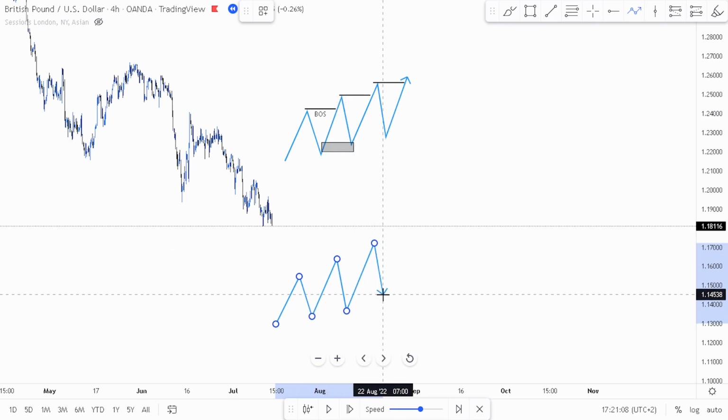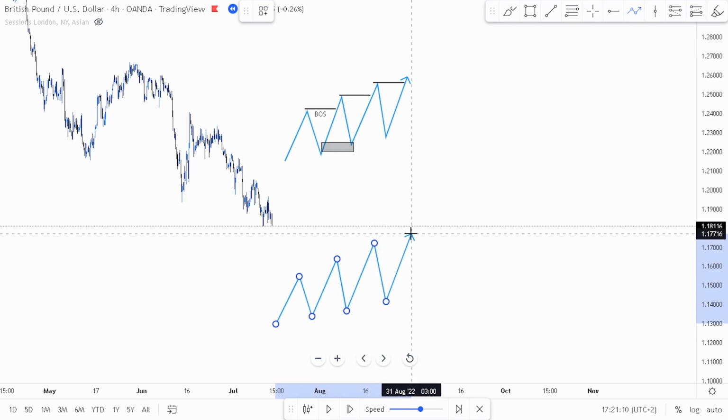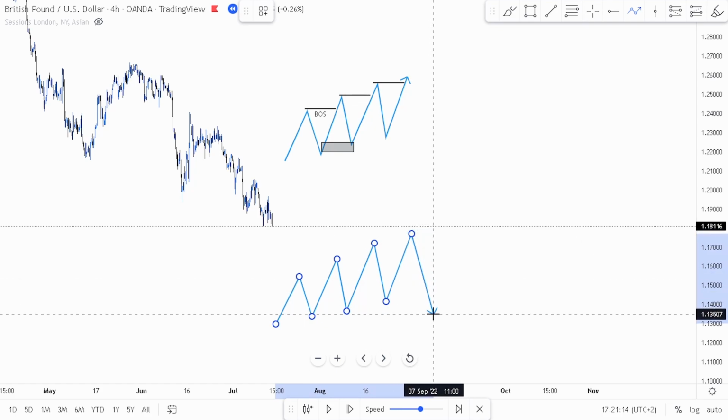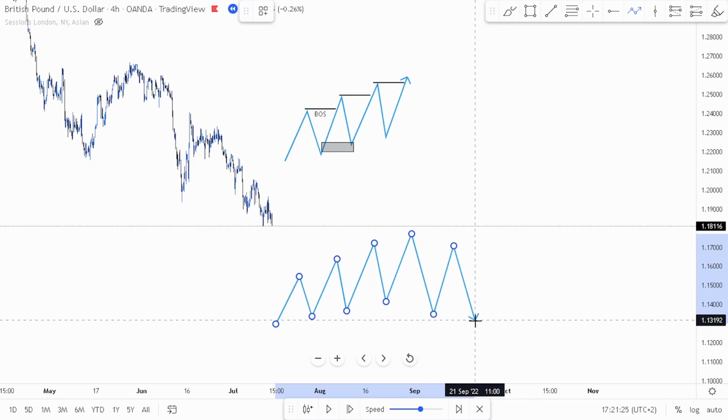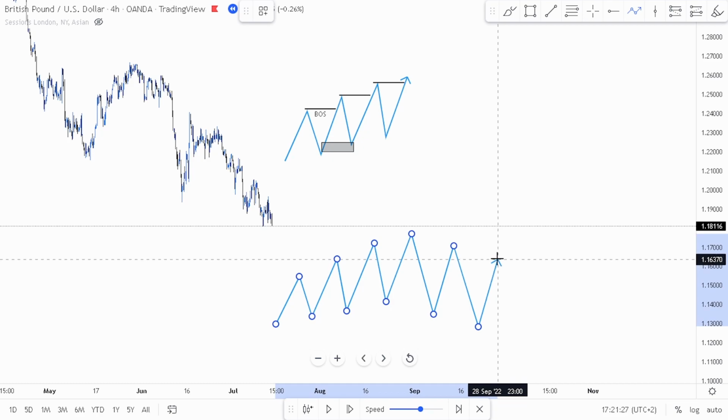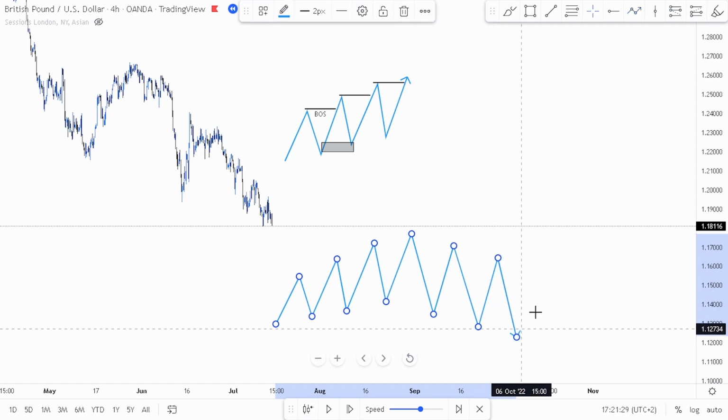We are in an uptrend, and now price breaks structure, but it pulls back deeper, breaking below our previous lower high, and then it comes back to the level of supply that gave the break of structure, and now price starts to shift from a bullish market to a bearish market.